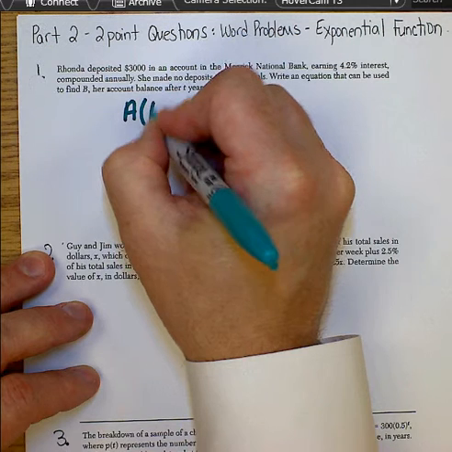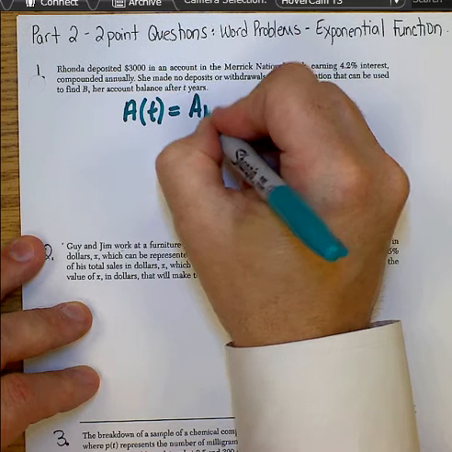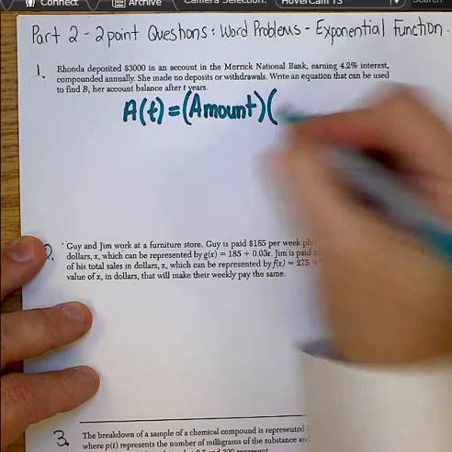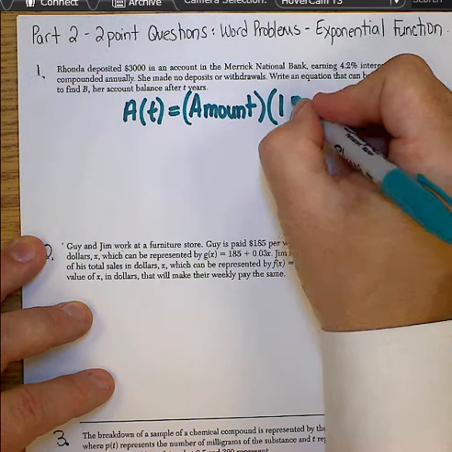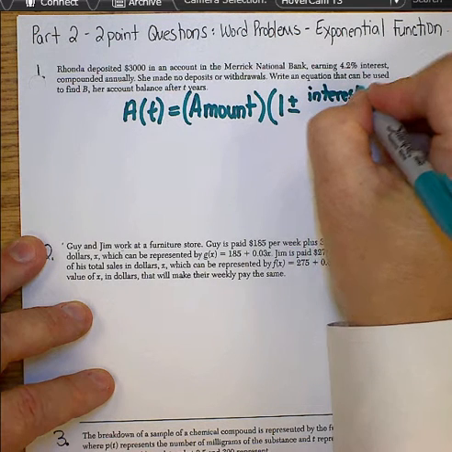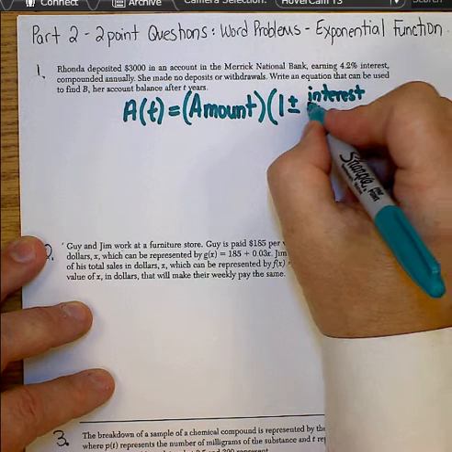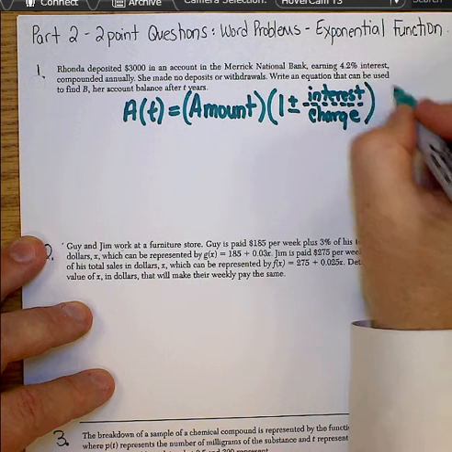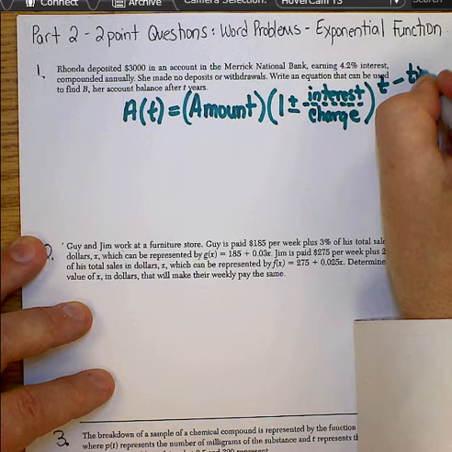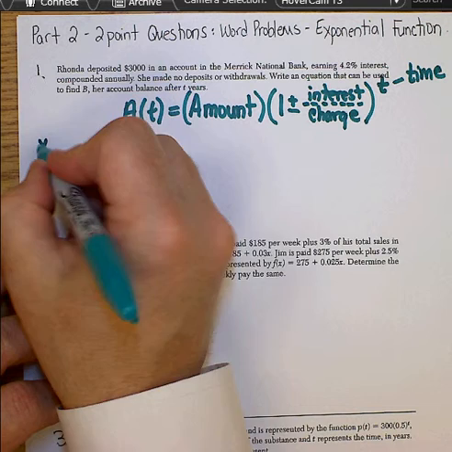A of t is equal to the amount, and then this is going to be multiplied by 1 plus or minus either the interest or the charge, raised to the t, and this is going to be time.